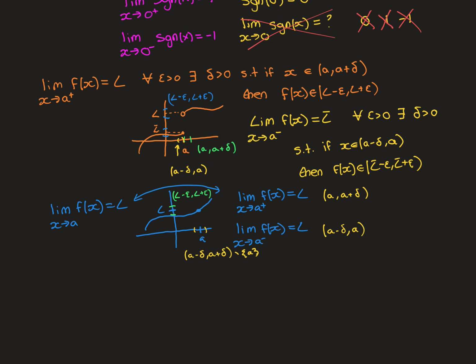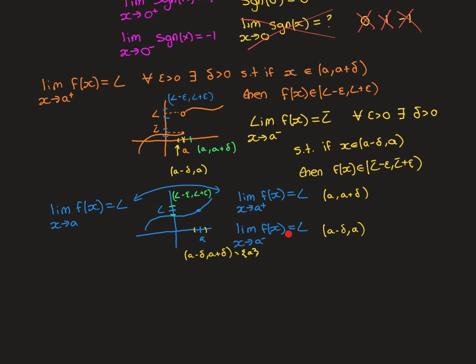From this starting assumption, for all epsilon intervals around L, you can find an interval A minus delta to A plus delta such that all the points inside it are mapped into that epsilon interval. So now just take the right-hand side of this interval, the interval from A to A plus delta, which is a subset of this that is being mapped into that epsilon interval, and that's the interval that you can use to satisfy this definition.